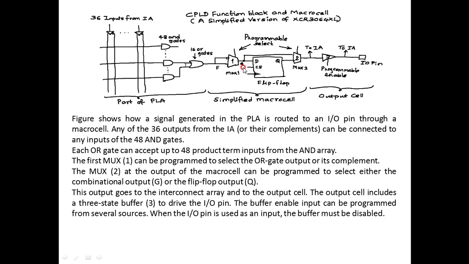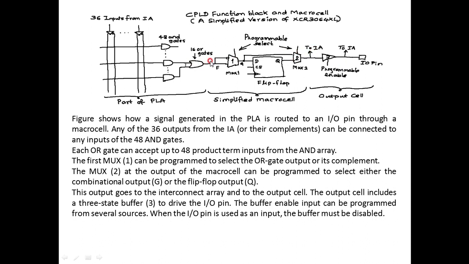Then the output G of mux 1 is either connected directly, giving it to the interconnect array or IO pin, or goes through a delay flip-flop. There will be a clock here; through the clock, the output can be taken from this delay flip-flop. So these programmable selects will decide whether to take the output directly and connect it to the interconnect array or IO pin.